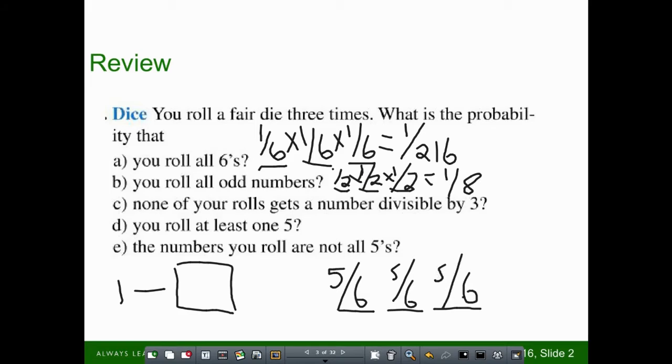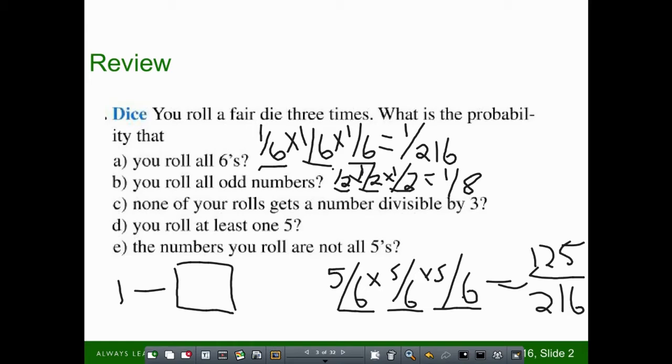So when we are looking at this, we still follow the same rules as before, which is our multiplication rule. So we multiply those three together, and that's going to give us 125 over 216. Now, we don't want that as our final answer.